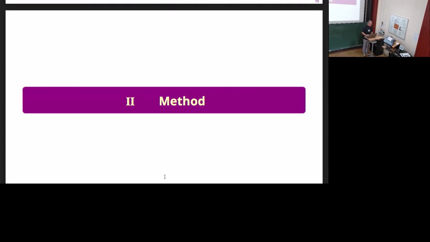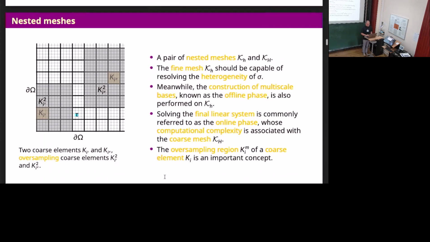Okay, so next let me talk about the method. So first we will start with the mesh. So we will consider a pair of meshes. We call this K little h and K capital H. This K little h is the fine mesh, and this mesh should be able to resolve the heterogeneity of the coefficient sigma.